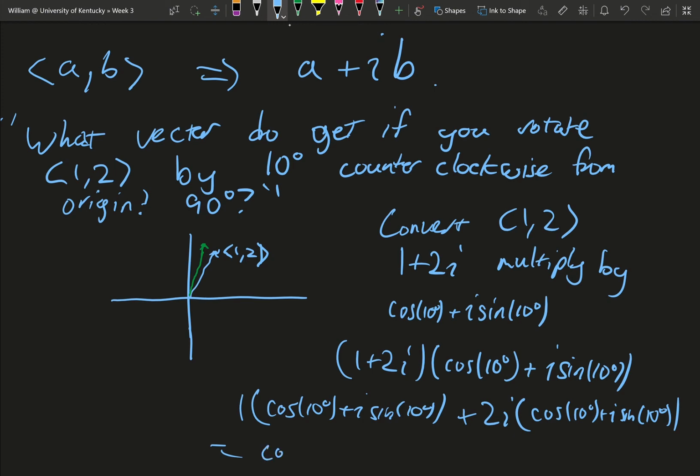We would have cosine of 10 degrees minus 2 times sine of 10. And for the complex part, well, we're going to have sine of 10 plus 2 cosine of 10.